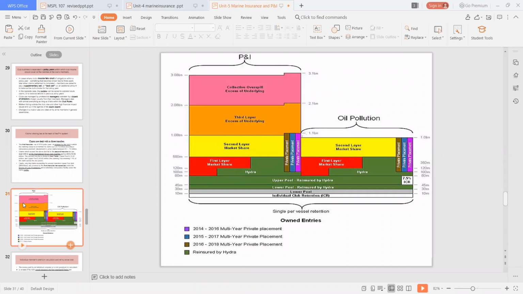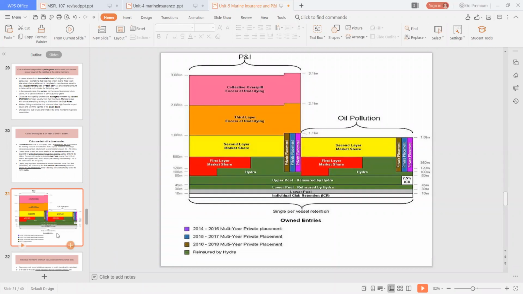So, these are the P&I, see this? These are the layers actually. Hydra, I told about this Hydra and everything. P&I and oil pollution, where it occurs here, marine pollution.